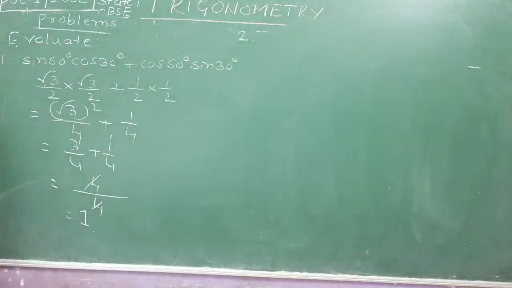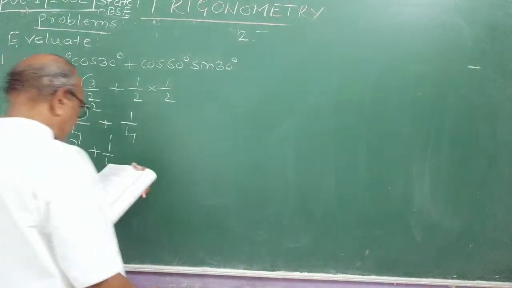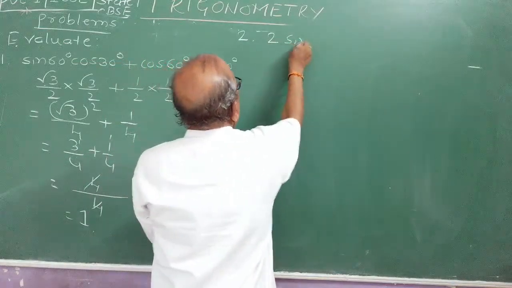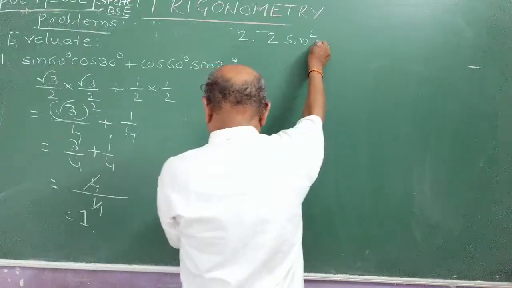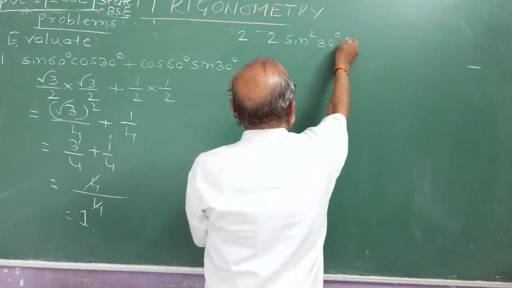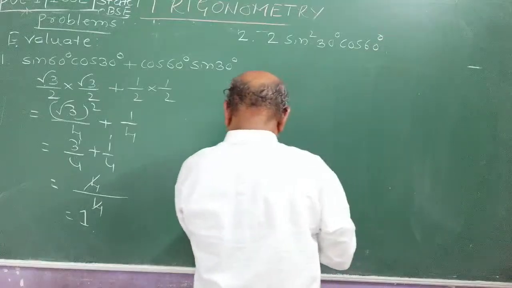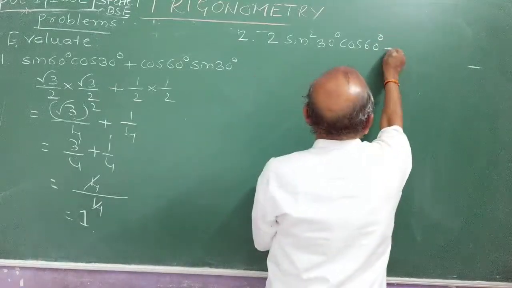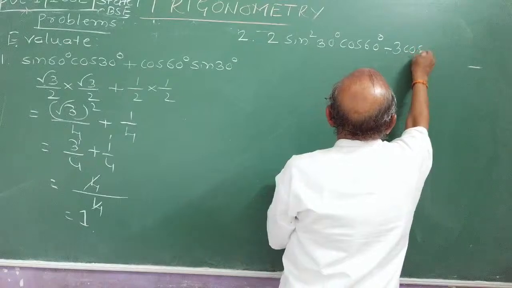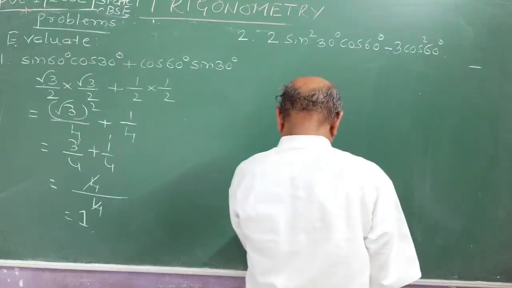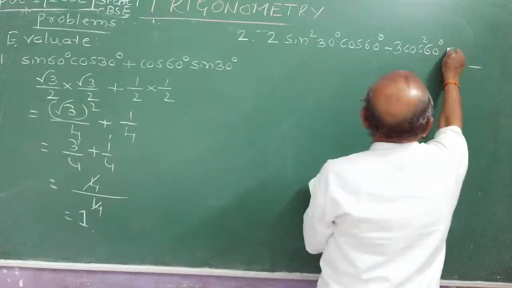Take a second question. I will give you a set of questions. 2 sine square 30 degree into cos 60 degree minus 3 cos square 60 degree into sec square 30 degree.